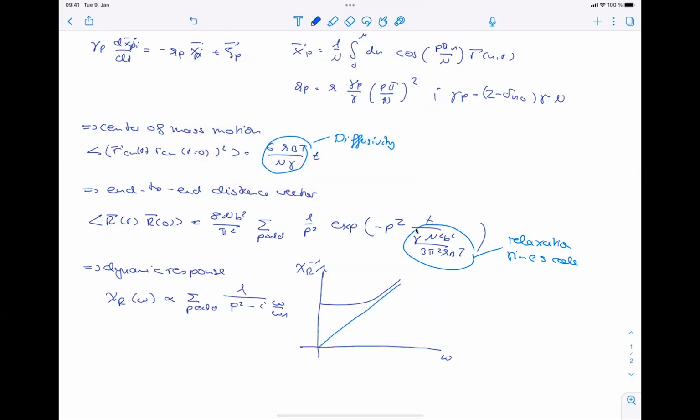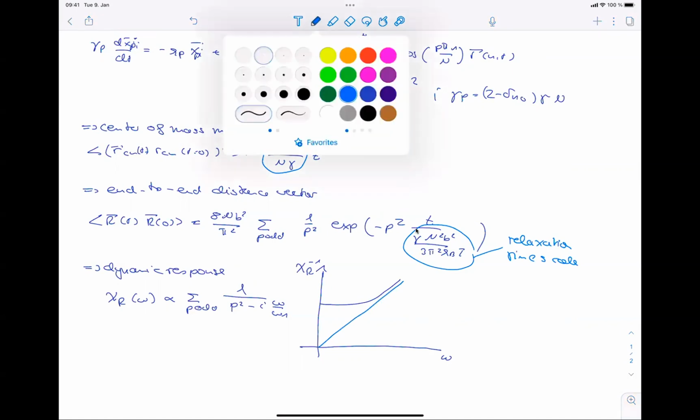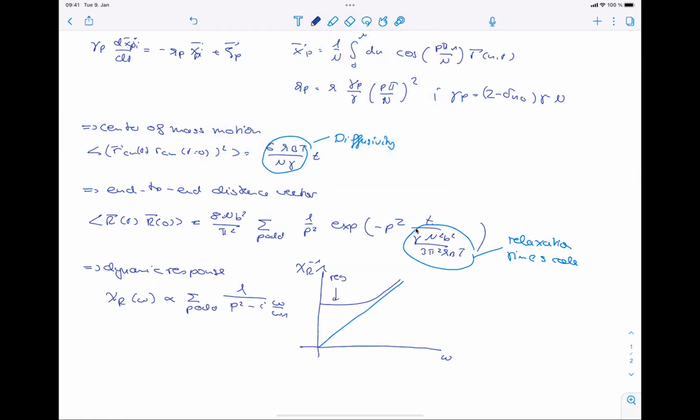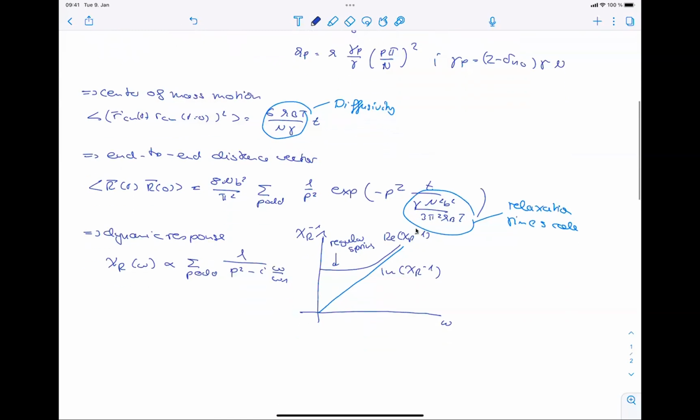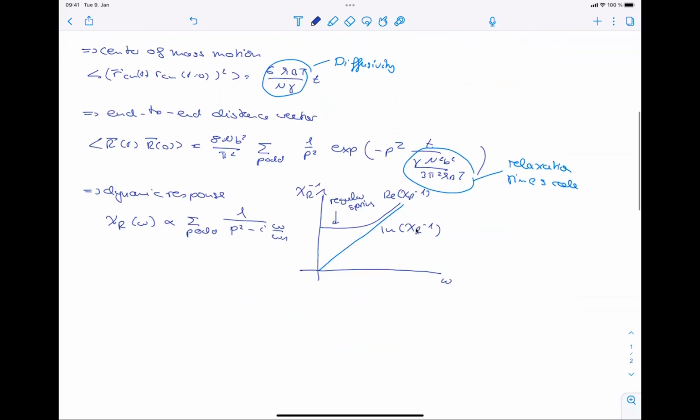There's a plateau, which would correspond to a regular spring behavior that we observe for the real part. And the imaginary part shows the viscous dissipation. And so indeed, these are properties that we can measure and compare the response of polymers among each other, the match to experiments, and also the deviations and the differences between polymers.